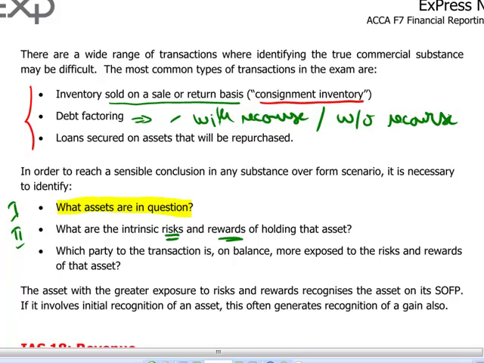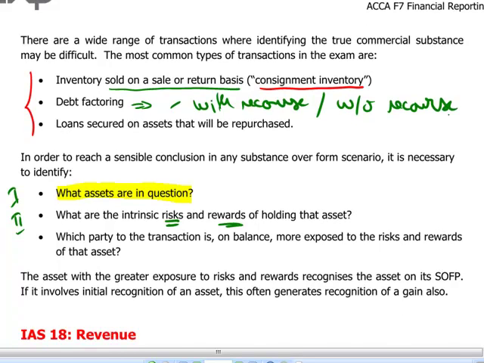In a transaction where the trade receivables are transferred based on a factoring contract without recourse, then the financing company, the bank for instance, which is buying the trade receivables, bears the risk of the customer paying later or not paying at all. And in that case, the bank should have the trade receivables in their statement of financial position.